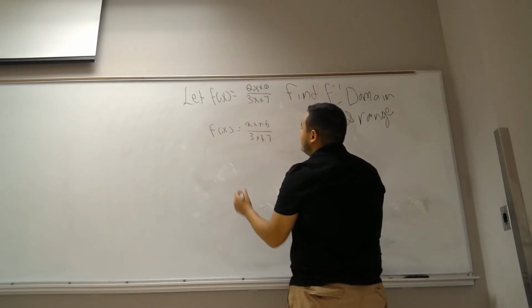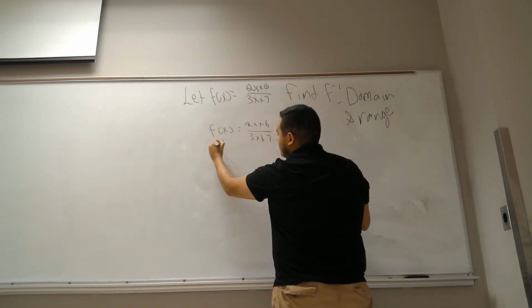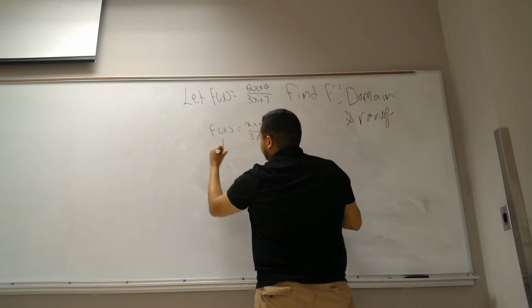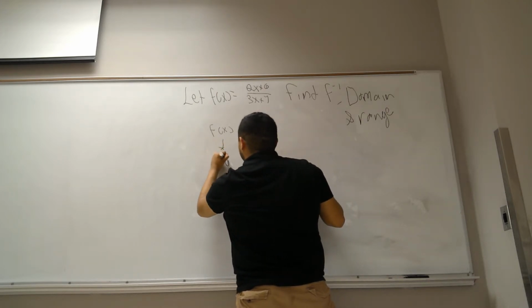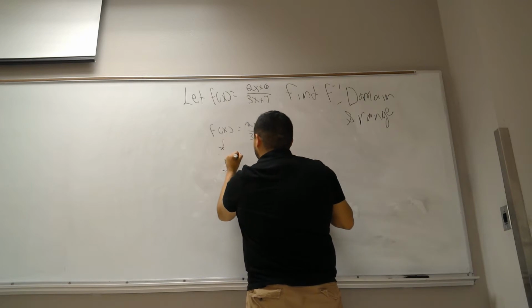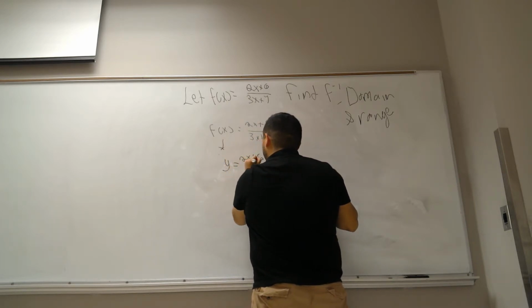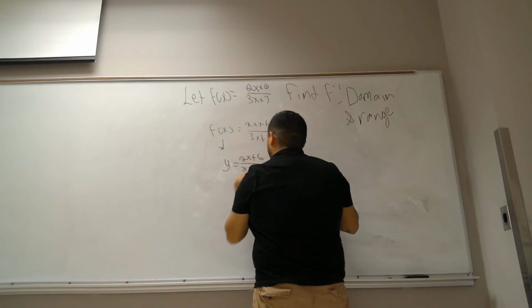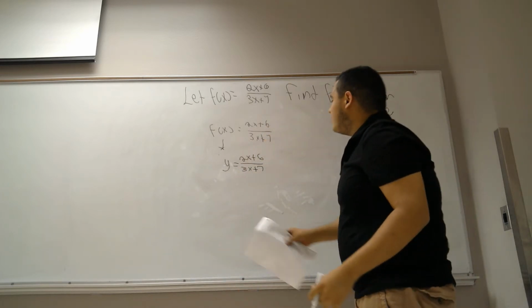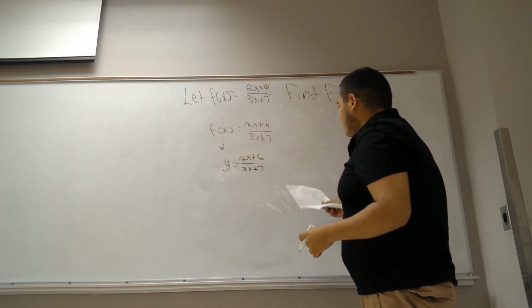You switch f of x to a y. So you're going to have y equals (2x plus 6) over (3x plus 7).